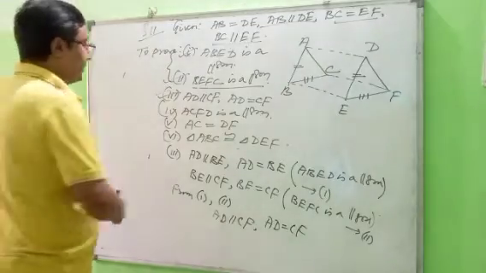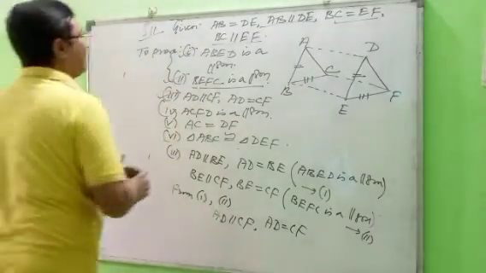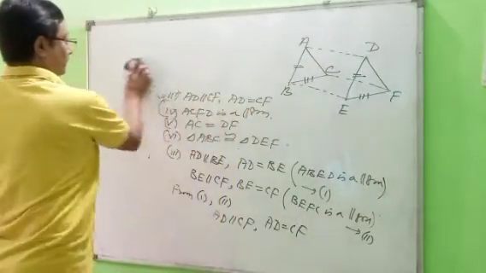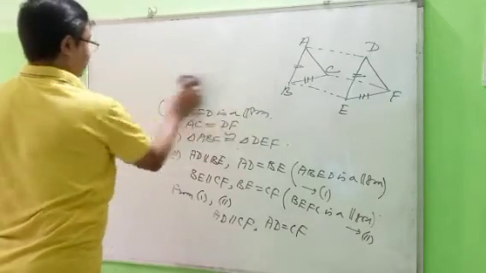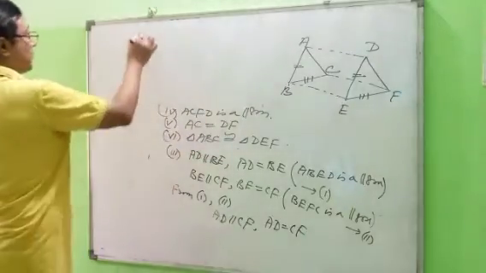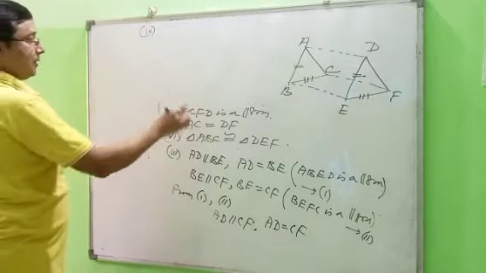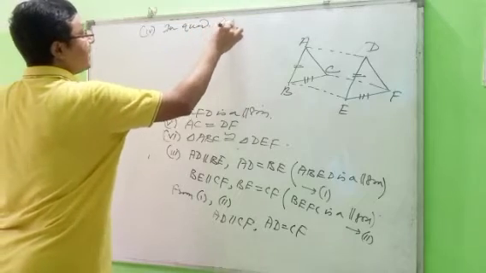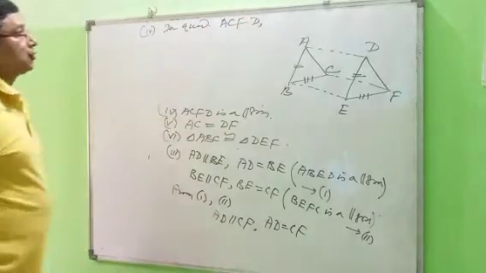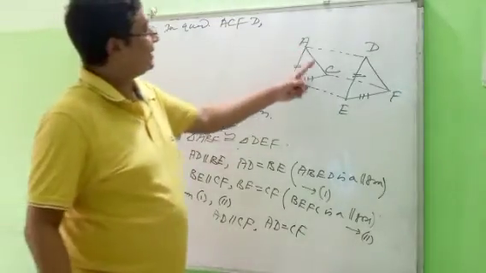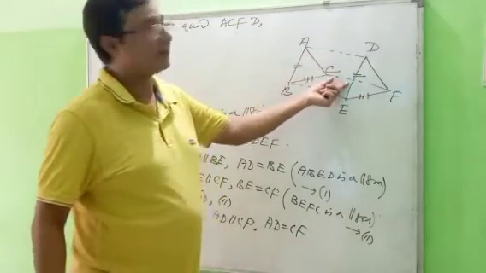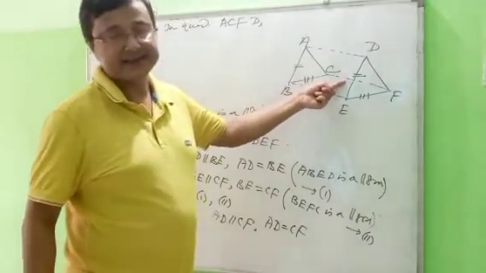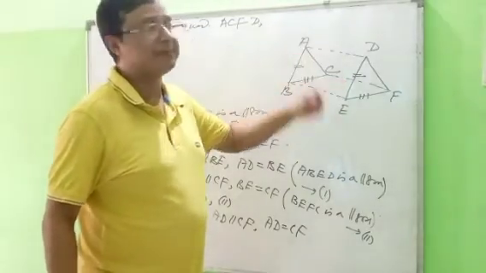Now comes ACFD is a parallelogram. Now proof number 4. So here in quadrilateral ACFD, you have to prove that ACFD is a parallelogram. So just see that if you get a pair of opposite sides equal as well as parallel, then the figure will become a parallelogram.